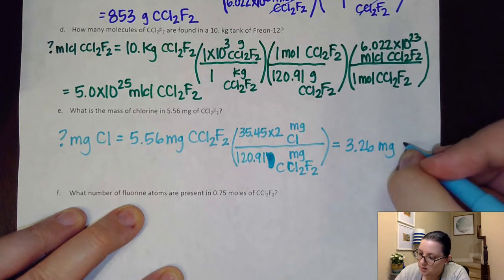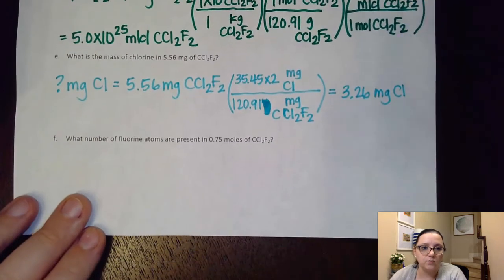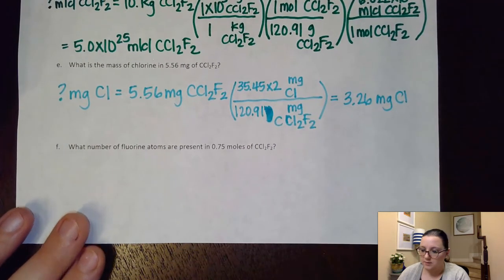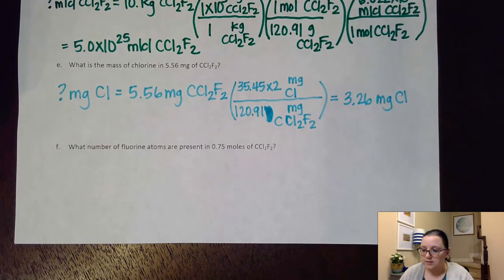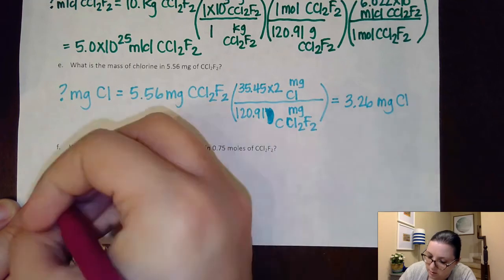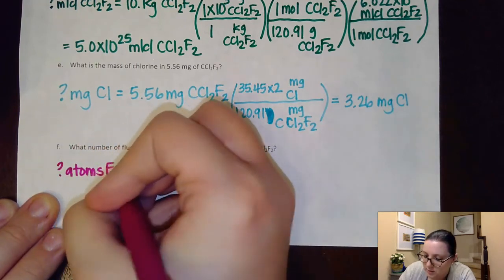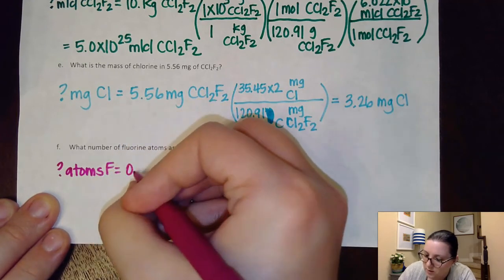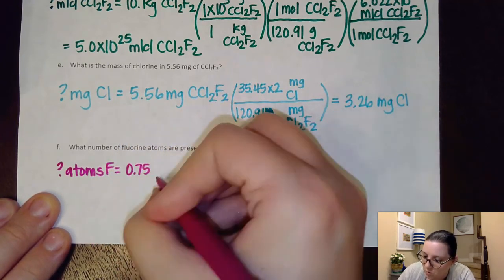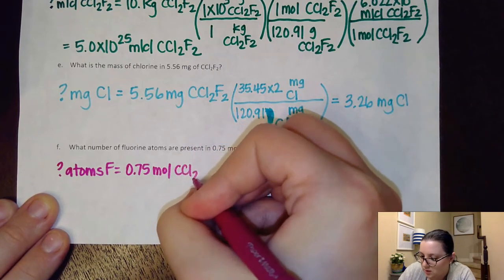milligrams of chlorine. All right, last but not least down here, it asks what number of fluorine atoms are present in 0.75 moles of CCl2F2. So I'm going to start off here asking myself, I'm looking for the number of atoms of fluorine. I'm starting off with 0.75 moles of CCl2F2.